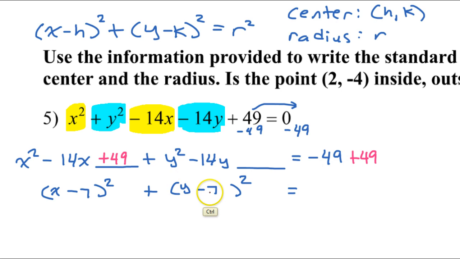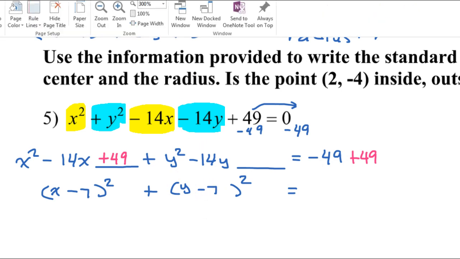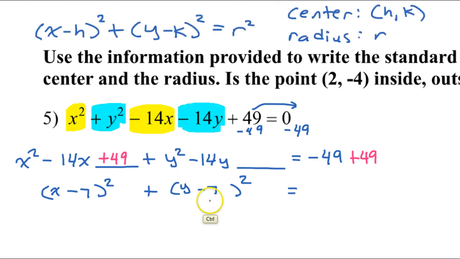Then I need to do the same thing with the y's, but of course that's going to be the exact same thing because it's still -7. If I square that, I'm going to get positive 49, and I'm going to put that on the other side of the equation as well. When you complete the square, you have to put it on both sides.